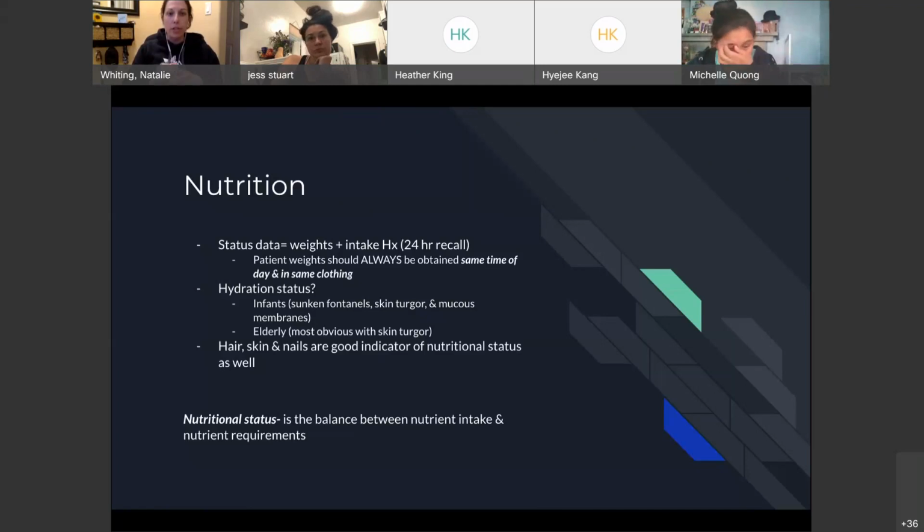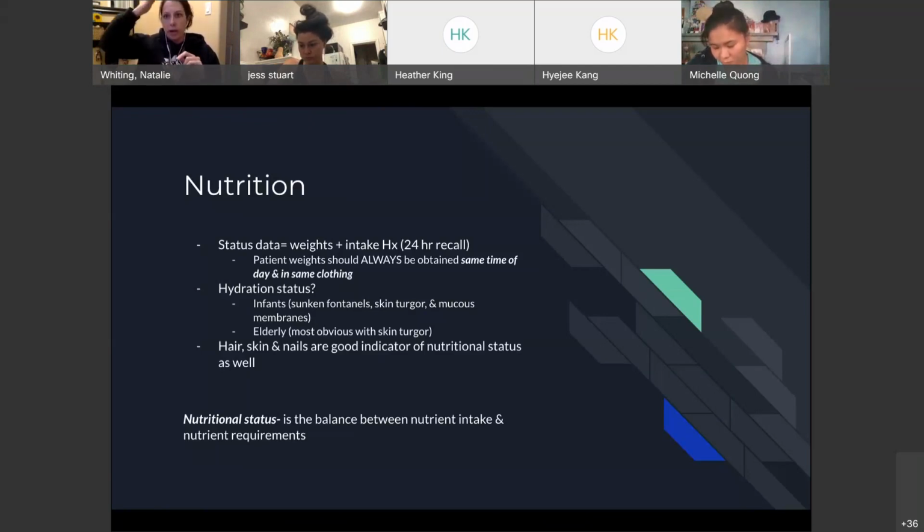Okay, so hydration status for infants. Sunken fontanelles are definitely going to be indicative of dehydration. But also check their skin turgor and mucous membranes because that could show dehydration as well for infants.